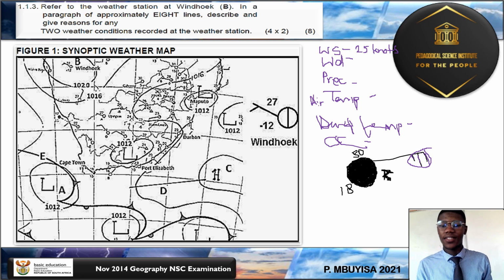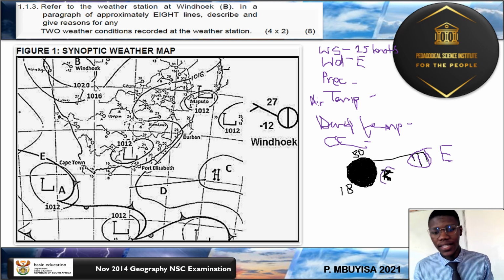If you look at it, it's facing in the easterly direction. So the wind direction is east. Or you can say north of northeast if you want to put it like that, because it's a bit skewed towards the north. So that can be acceptable.